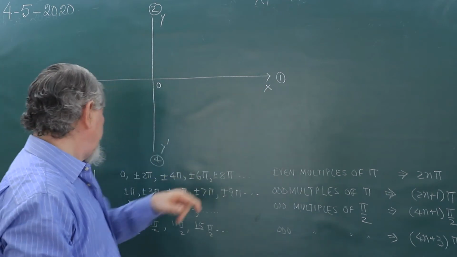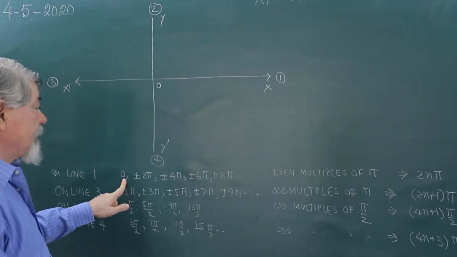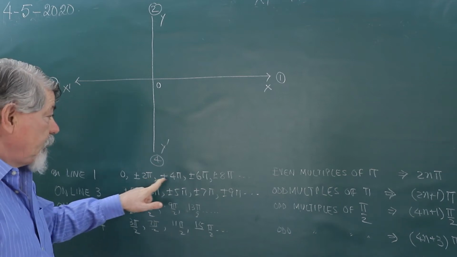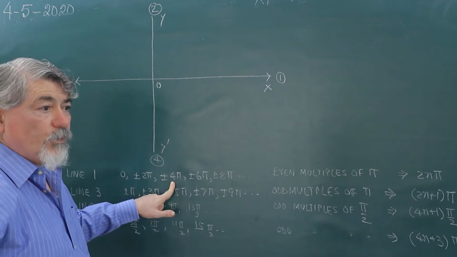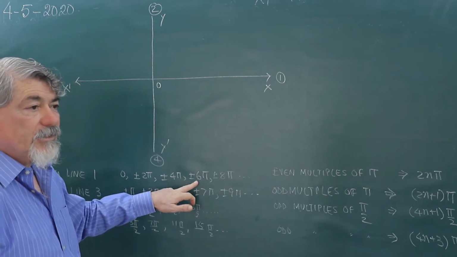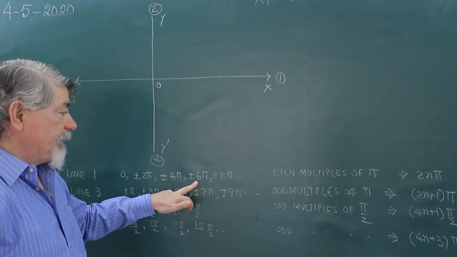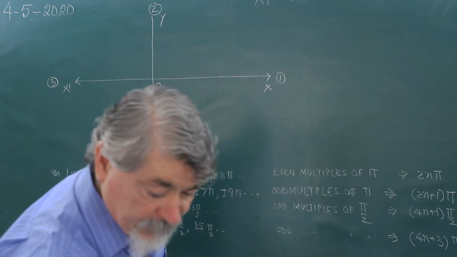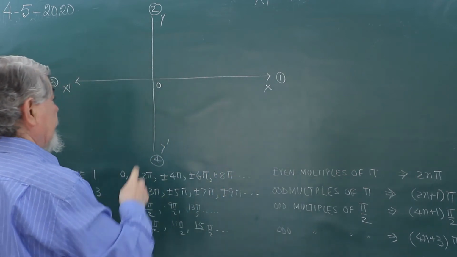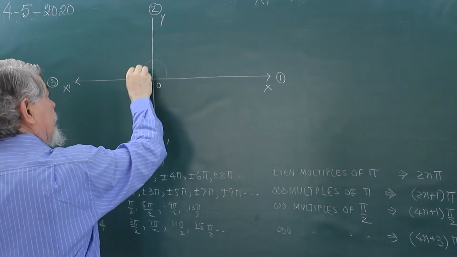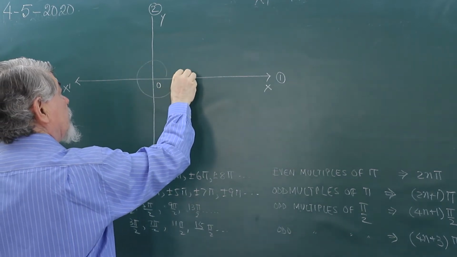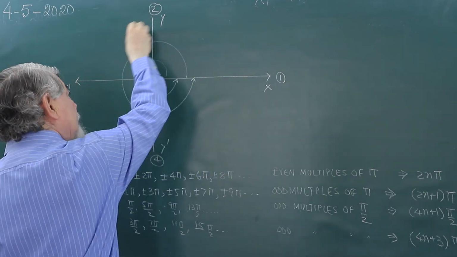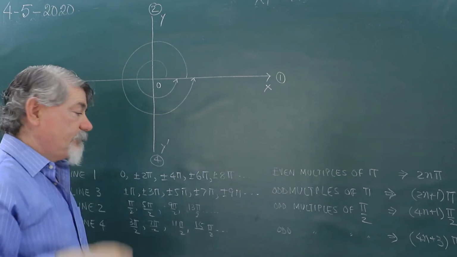Along line 1, we will get values like 0, 2 pi, 2 pi is 360, 4 pi, 4 into 180, 720, 6 pi, 6 into 180, 8 into 180. Because you will keep repeating, you will keep coming back again. It is one round, then you start again, you come to the second round, then third round and fourth round, as many rounds.